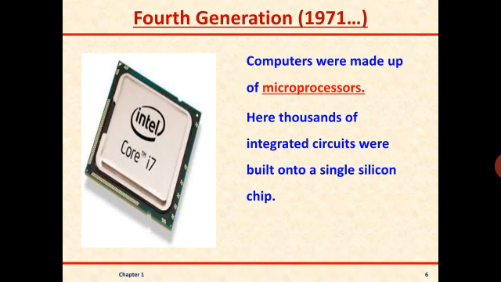Because of this chip, the computer reduced its size and became more powerful. They could be linked from one computer to another computer, which earlier was not possible. Now we can connect one computer to another through networks, either a wired network or a wireless network.